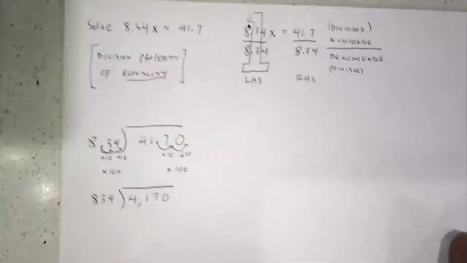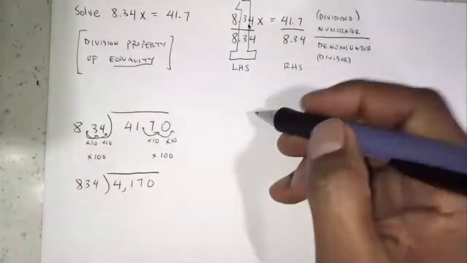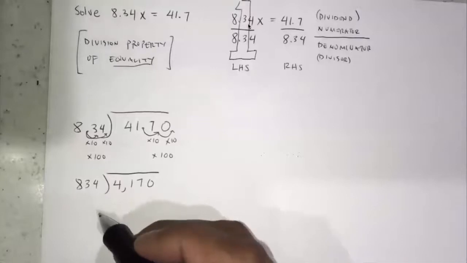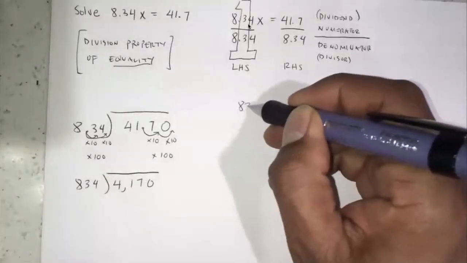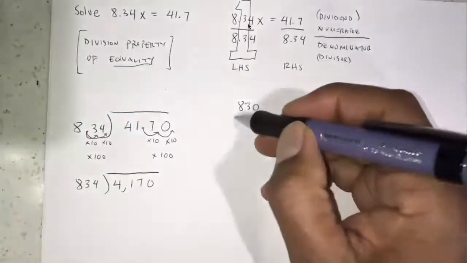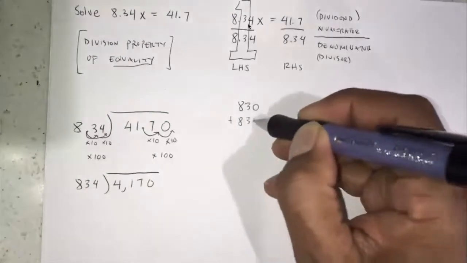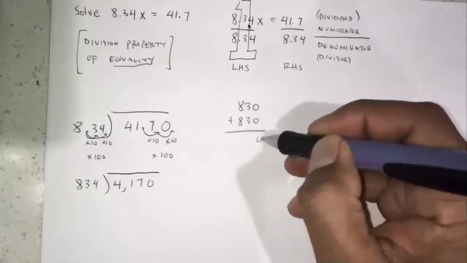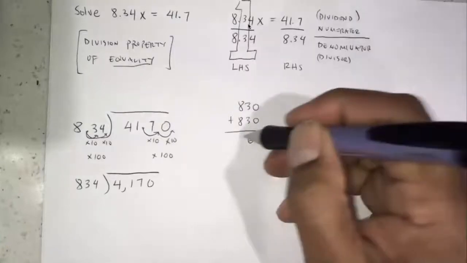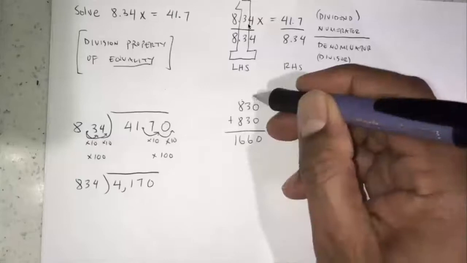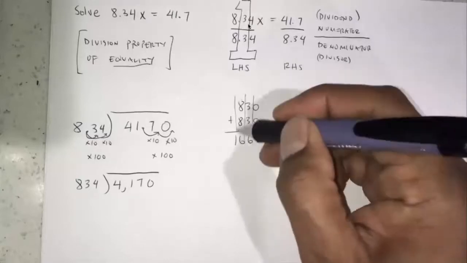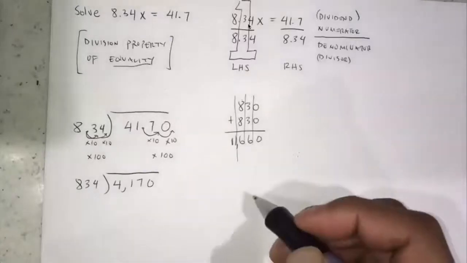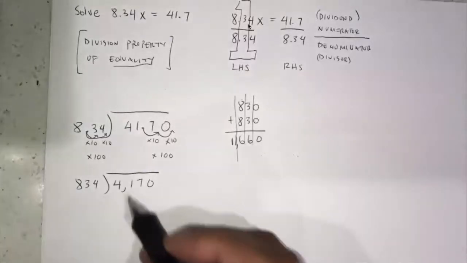As I explained earlier, I like to round my divisor of 834. This time I'm going to round it just to 830. And I'm going to play around with doubling. This time I'm doubling by adding the same number. 0, 6, and 8 plus 8 is 16. So that's 1,660.